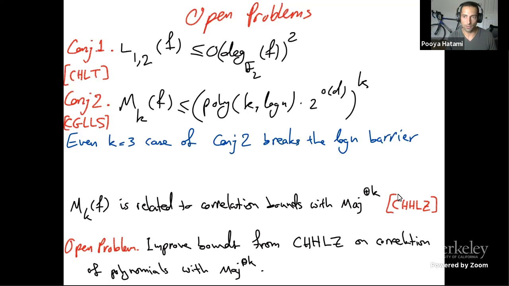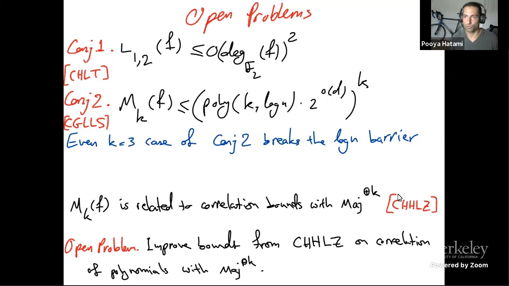And another interesting fact about trying to bound MK instead of the L1 bound of the Fourier coefficients is that this is provably related to proving correlation bounds with XOR of several copies of majority. So we already know that F2 polynomials have correlation roughly d over root n with one copy of majority.